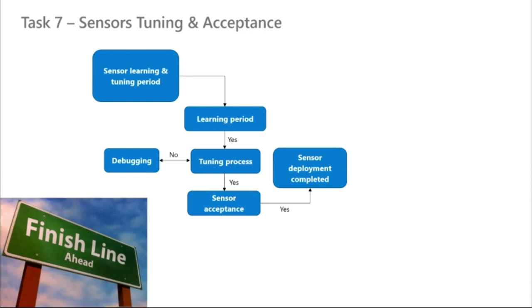So the learning period envelops a time frame that can be as short as a day for some of the fine-tuning that needs to be done, and as long as several days in order to make sure we cover the entire spectrum of network activity at the customer space, which will give us a better understanding of what the customer is facing.